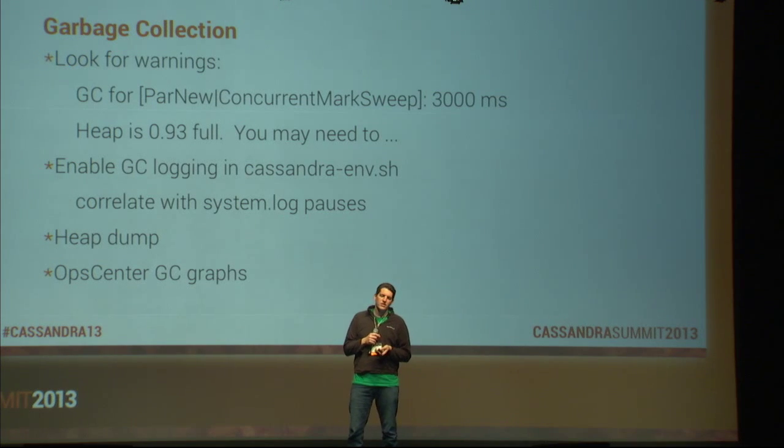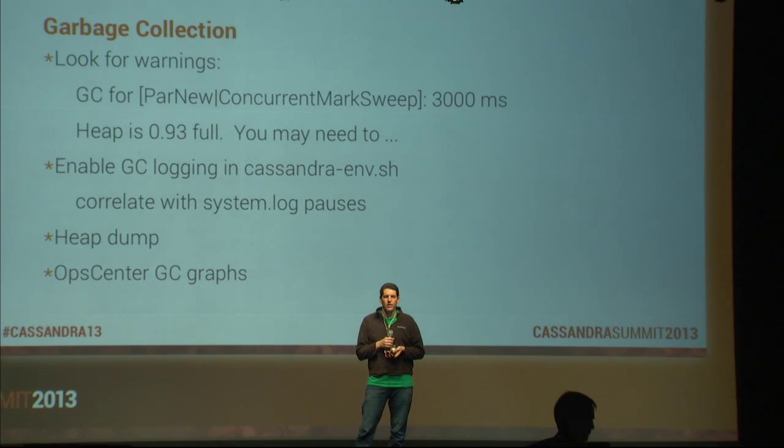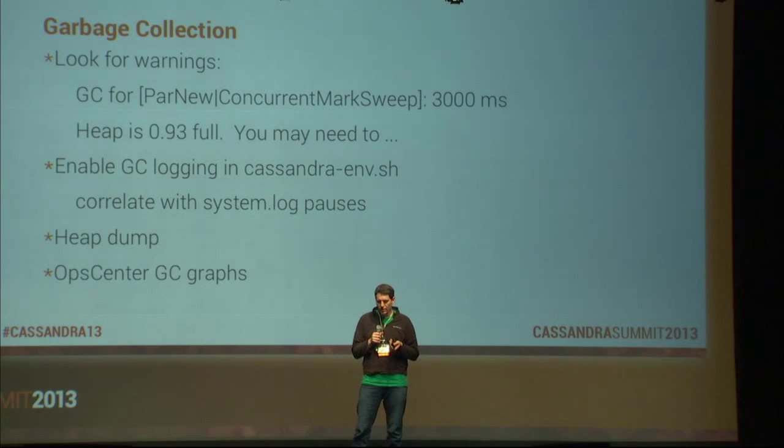Another thing you can do is take a heap dump and open it up in the Memory Analyzer tool, or something similar, so you can see what's dominating your heap in a snapshot form. And the last thing, you can use OpsCenter. The free version of OpsCenter has GC graphs, so you can track over time and correlate when you see the GC spikes to see if there's any correlation that you can find there.